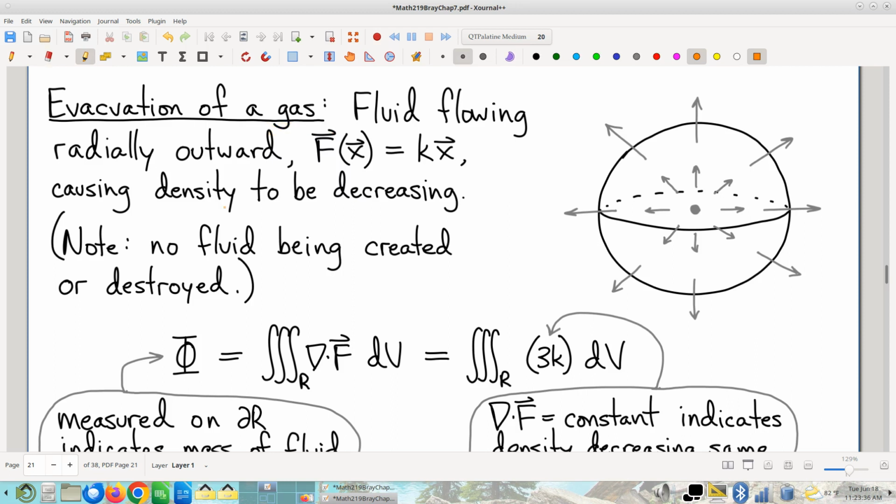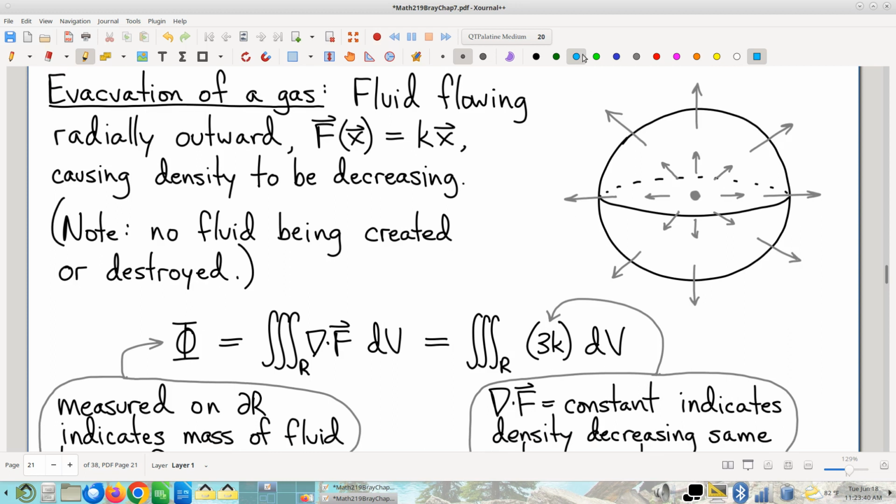So I am going to assert, and we'll get a kind of confirmation, a check anyway, that when you have an expanding gas, again perhaps because the temperature is increasing or whatever, I claim that the vector field that describes the flow is this formula right here. Something to that effect, anyway.